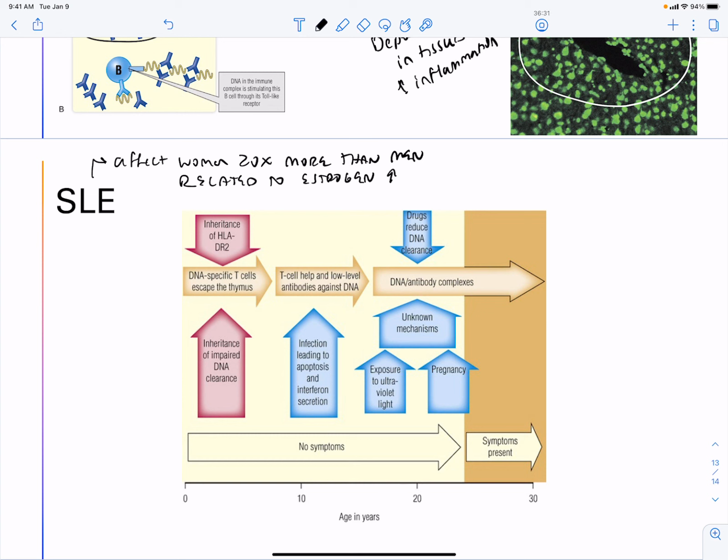You also have, this is sort of a timeline of development of the actual disease, so there are several steps that are thought to be important. You have, of course, inheritance of your HLA-DR2, and then you could potentially have inheritance of impaired DNA clearance, so other genes are thought to be involved.